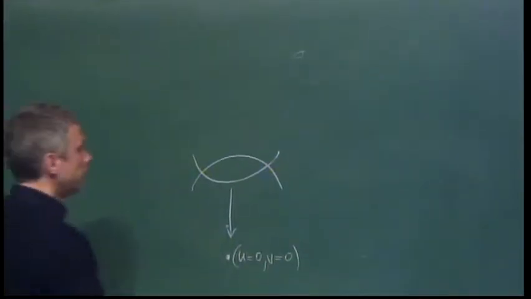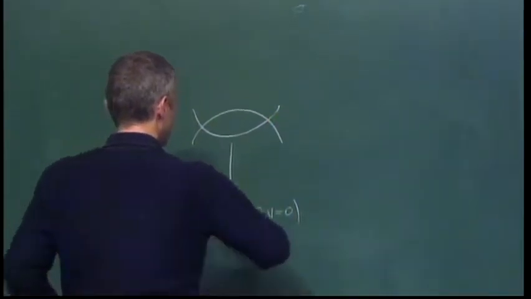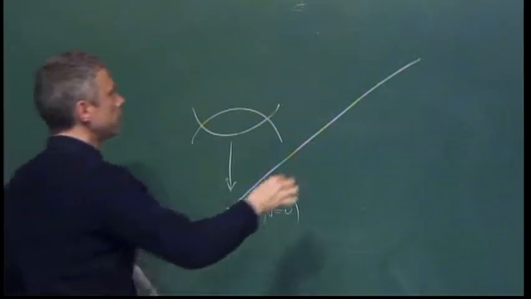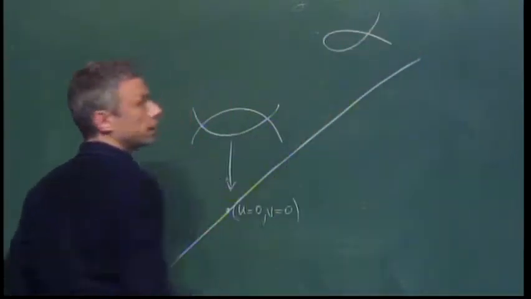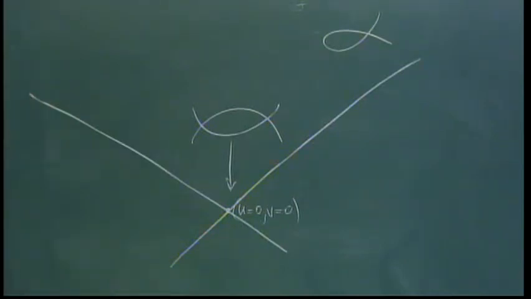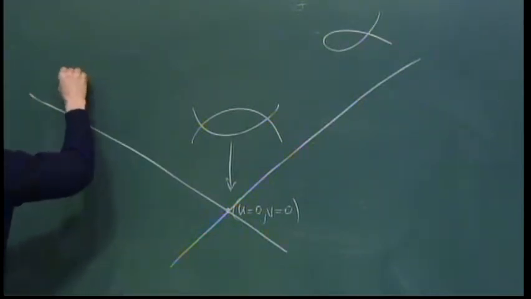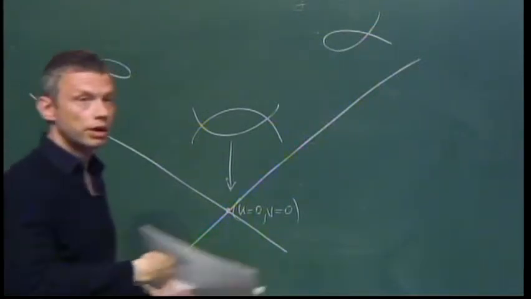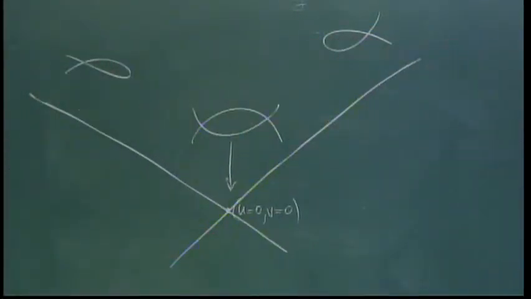If you keep v equals 0 and let u vary, then you have a family of curves that look like this. Elsewhere, you have a smooth curve, an elliptic curve.